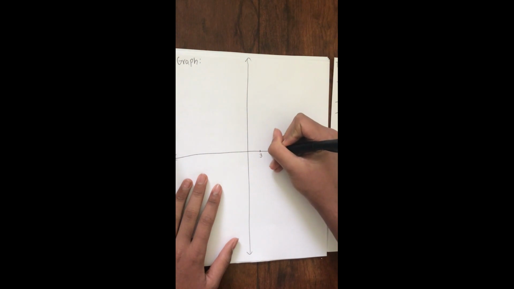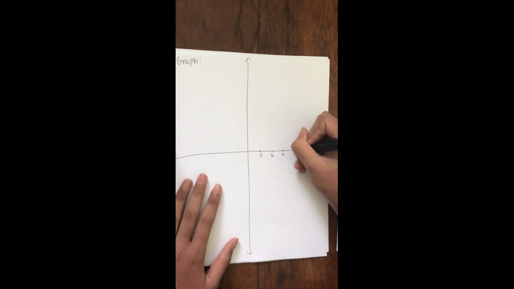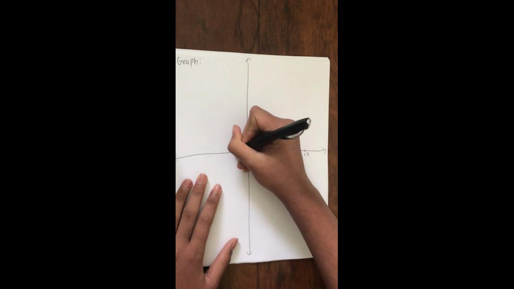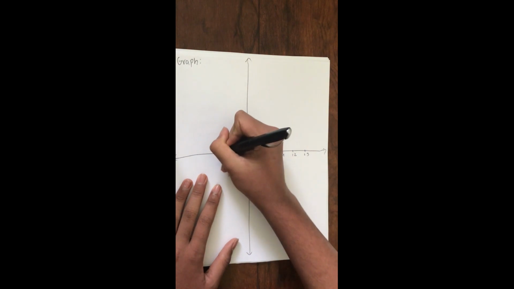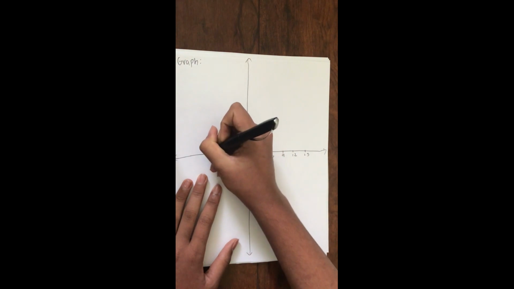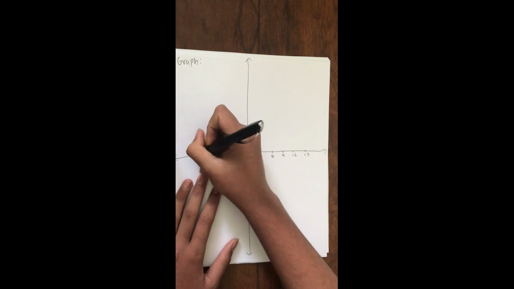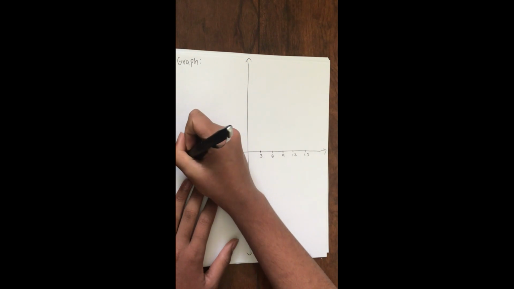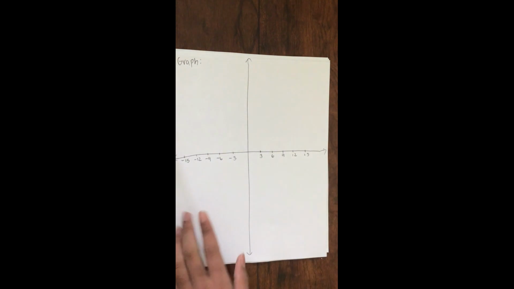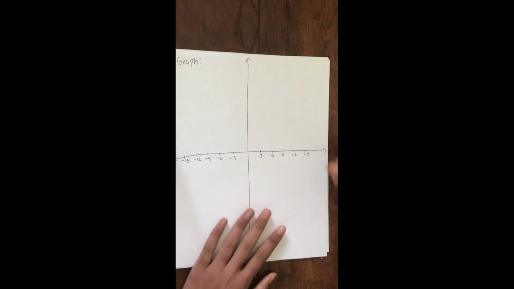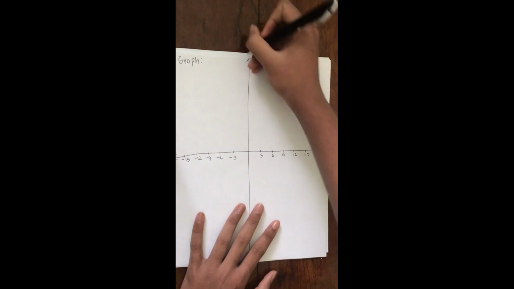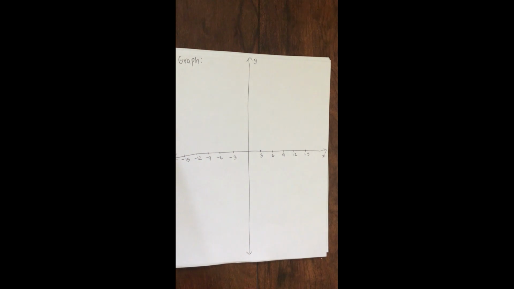So 3, 6, 9, 12, 15, minus 3, minus 6, minus 9, minus 12, minus 15. So that's our x-axis. And let's see our y-axis. Our y-axis goes till 1200 in this example.